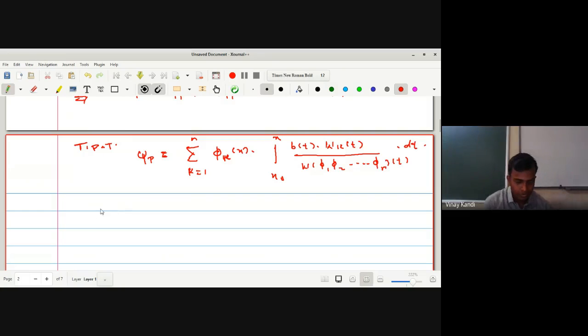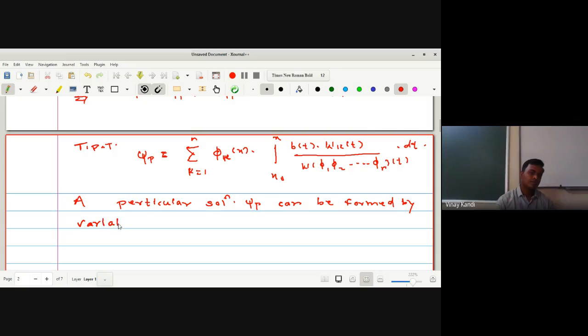Okay, now look at here. A particular solution psi p can be formed by the variation of constants method.